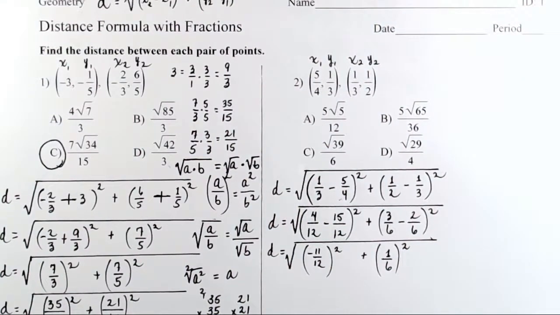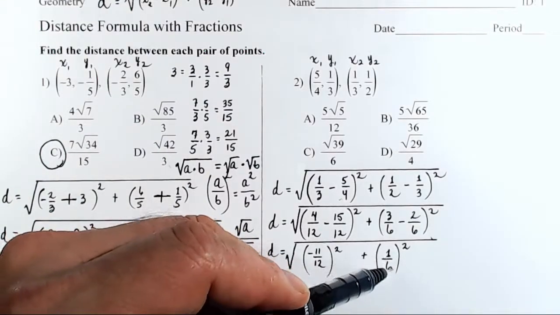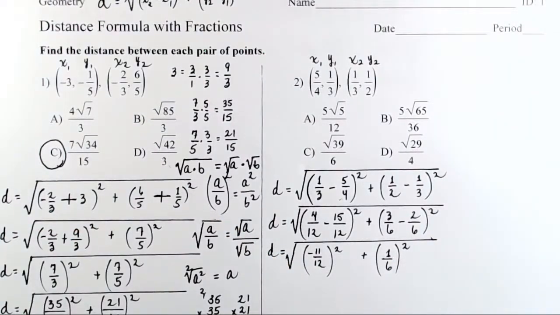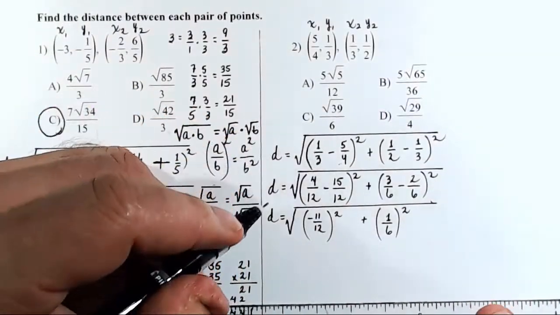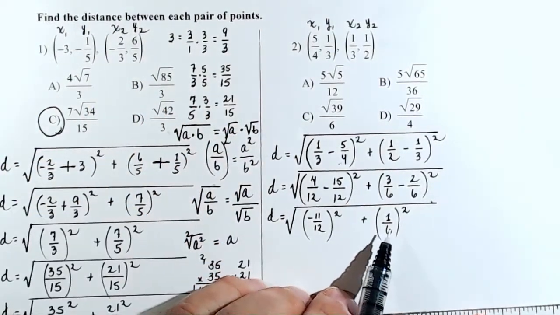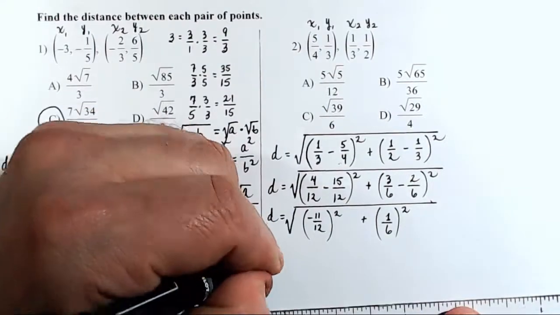Now, remember what we did in the last problem. We need to find a common denominator between these two fractions now. So what is that common denominator? That would be 12. Right, so I would need to multiply this fraction by 2 over 2. Okay, so I'm going to do that in my head and then rewrite it.